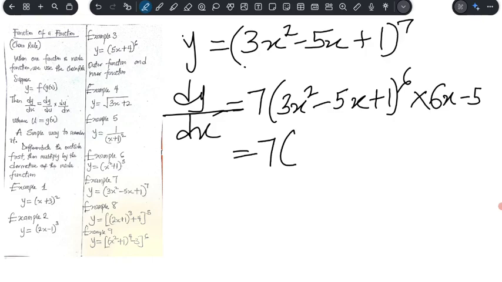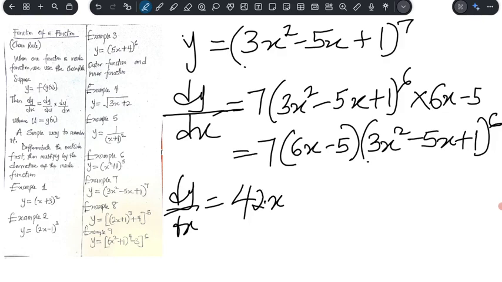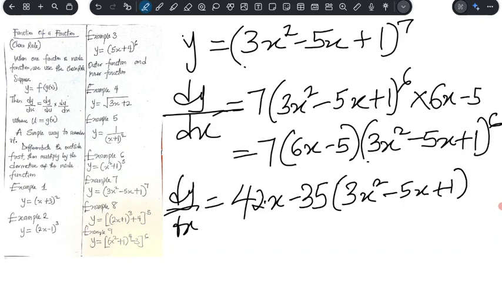Open a bracket for it. We have 6x minus 5. You close the bracket, you open another one. We have (3x squared minus 5x plus 1) all raised to power 6. You can decide to re-expand this dy/dx, which is 42x minus 35 to multiply (3x squared minus 5x plus 1) raised to power 6.